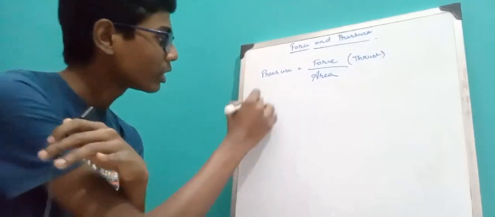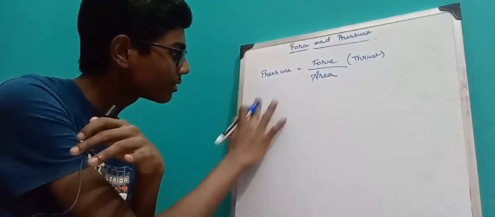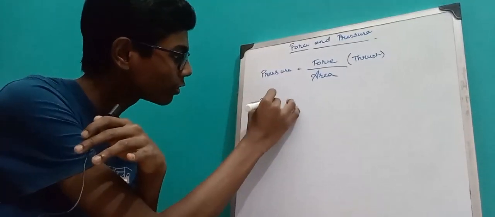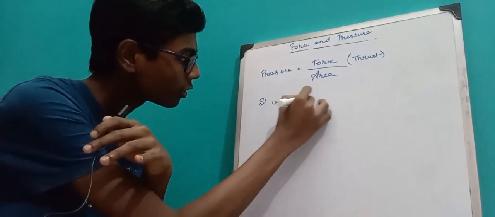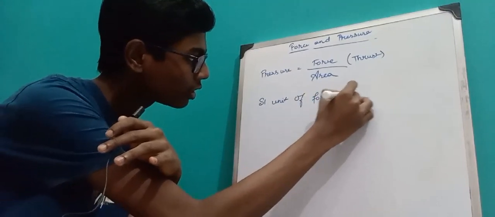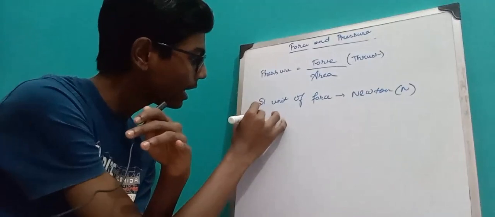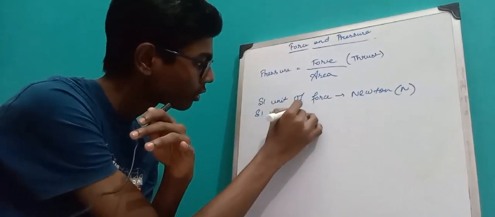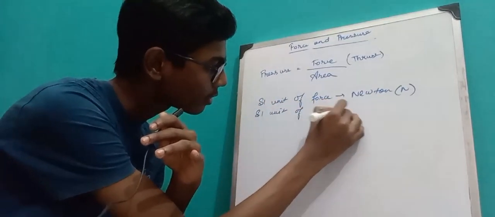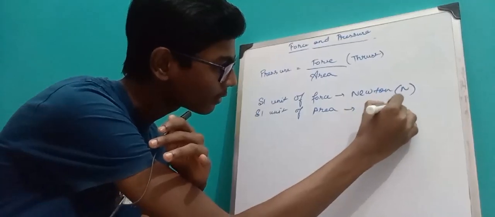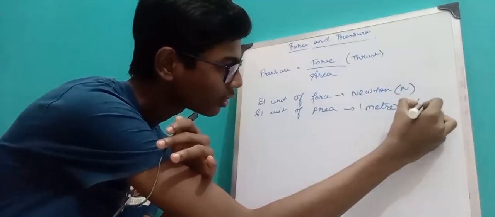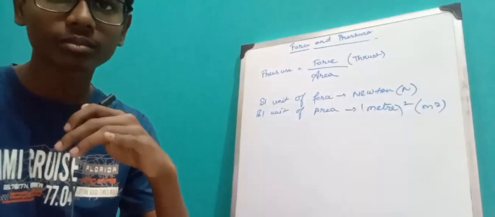We know the SI unit of force is Newton, represented by N, and the SI unit of area is meter square, represented by m².